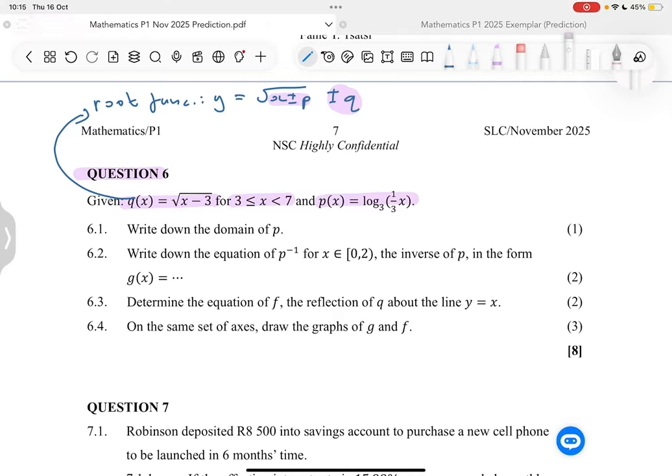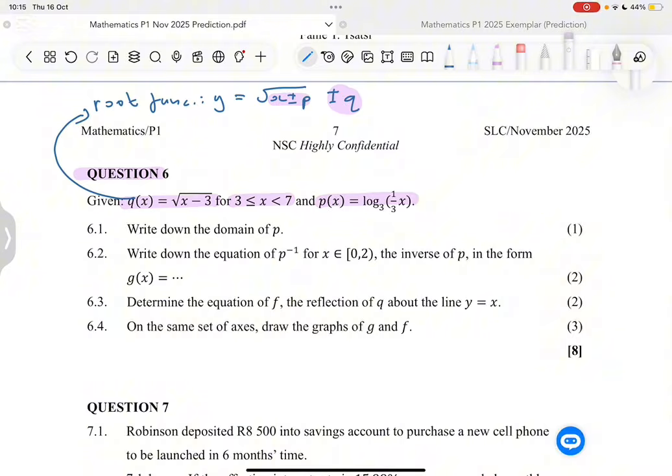Now, when we have a q that is positive, this simply means the graph went up by q units, and if q is negative, the graph went down by q units as well. Using that knowledge, we can see on our graph that this graph actually moved to the right by 3 units because our p there is a negative 3.